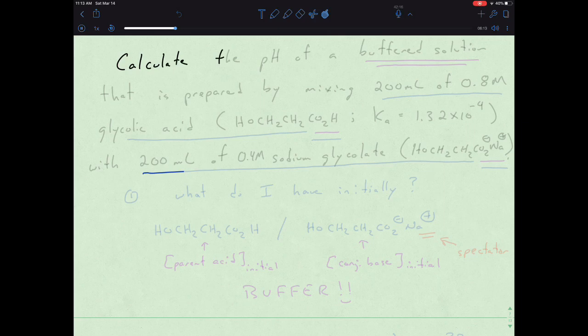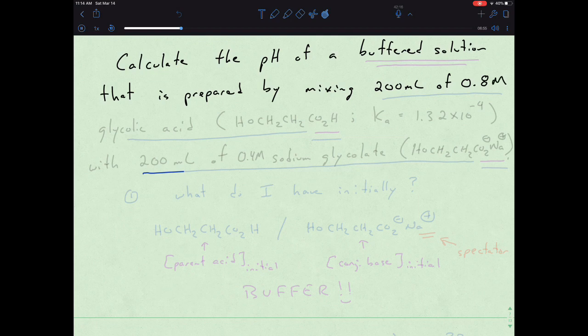We want to calculate the pH of a buffered solution that is prepared by basically mixing 200 milliliters of 0.8 molar glycolic acid.